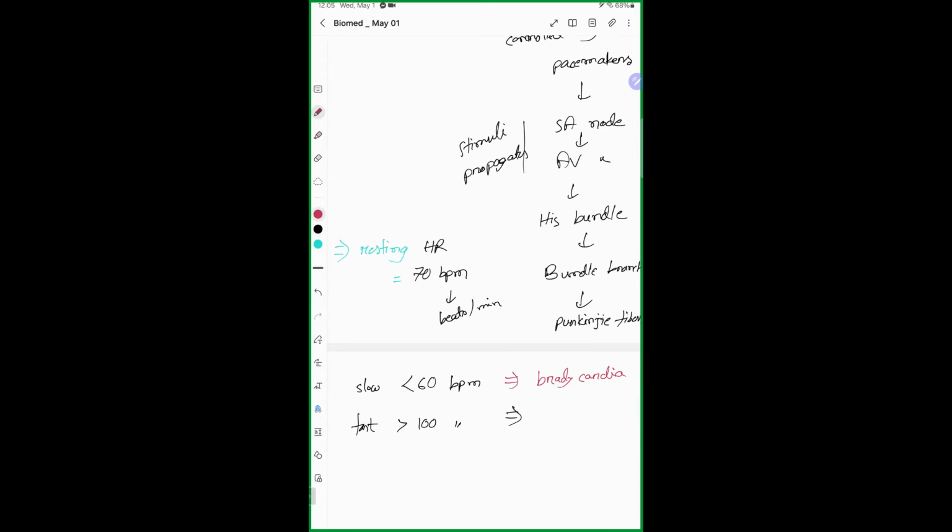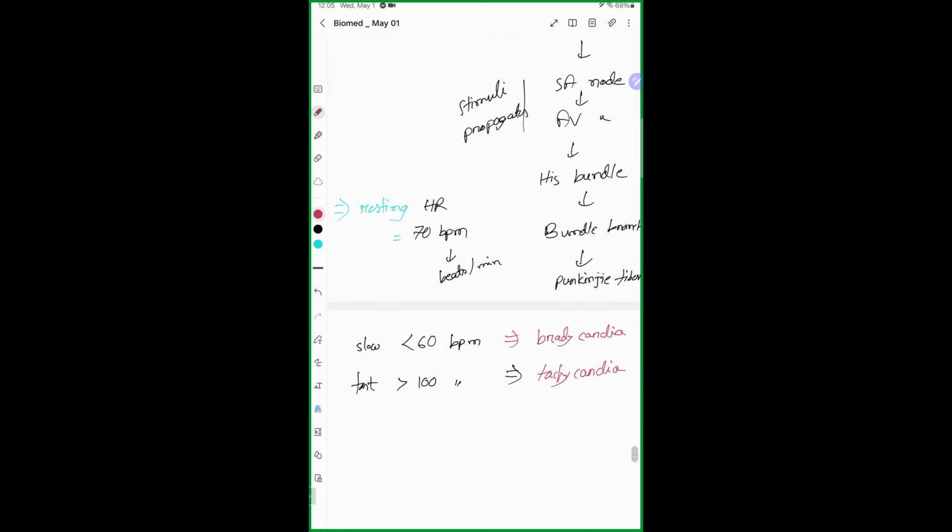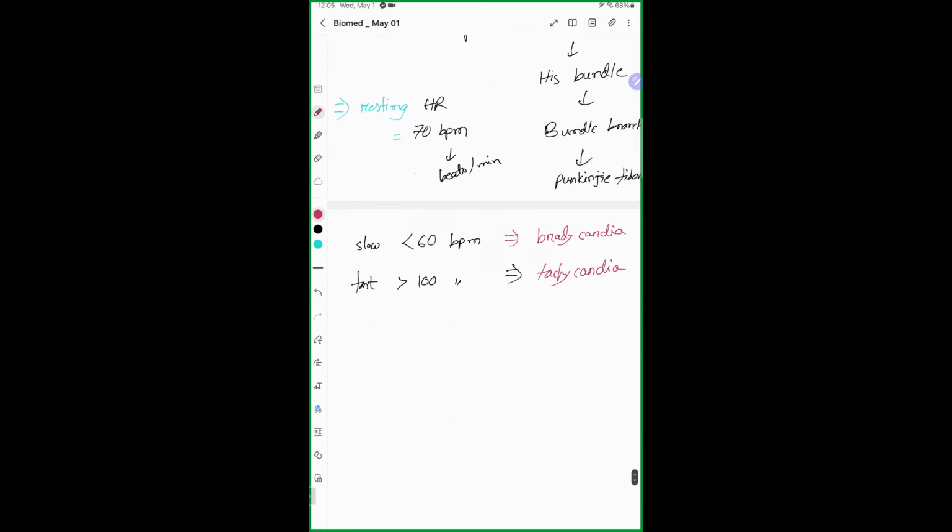If you are exercising, your heart rate will always be faster, so that doesn't mean you have tachycardia. If your resting heart rate is less than 60, then it is an issue, or if it is higher than 100, then it is an issue. This actually relates to some other problems. We'll see a little later. Any questions so far?